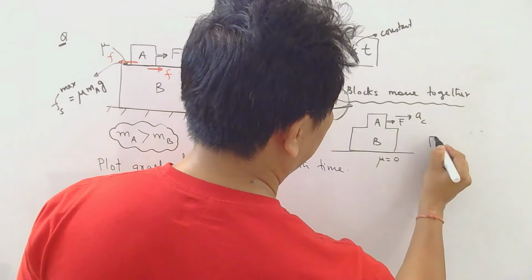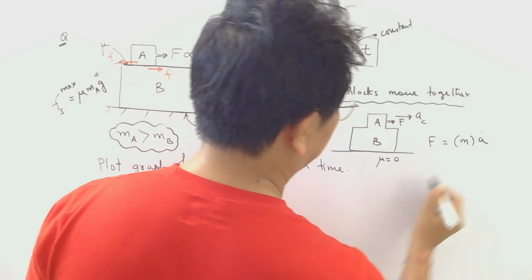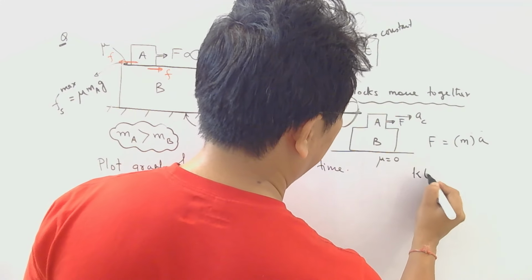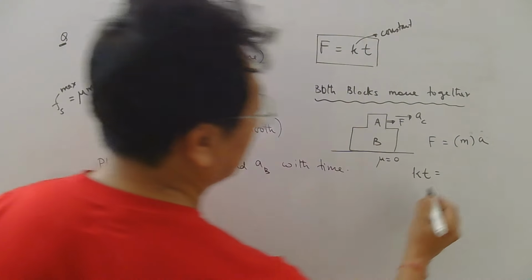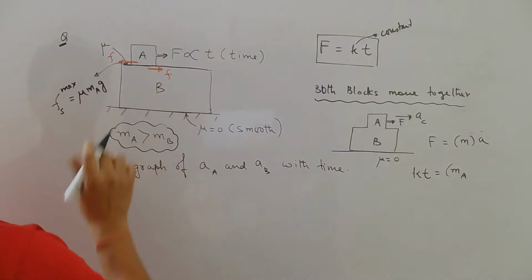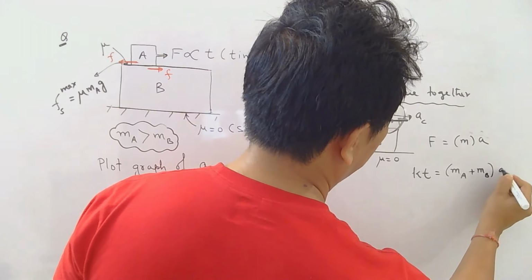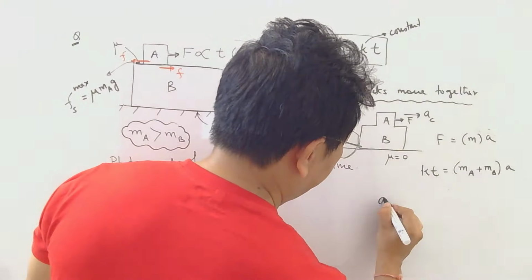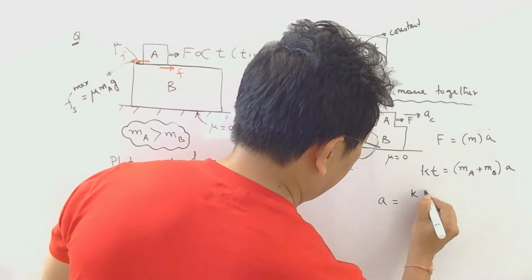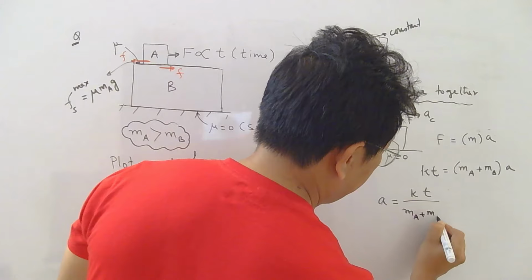So Newton's law gives me F equals mass into A. Force is K into T, and the mass of both the blocks is MA and MB. So MA plus MB into A. So the acceleration of both the blocks will be KT by MA plus MB.